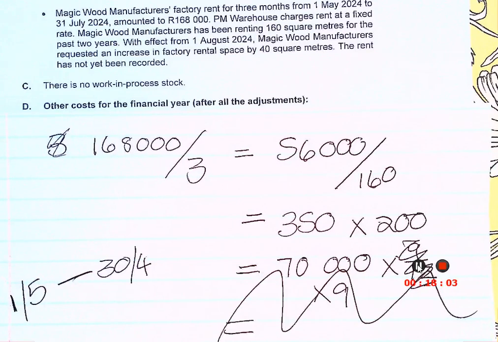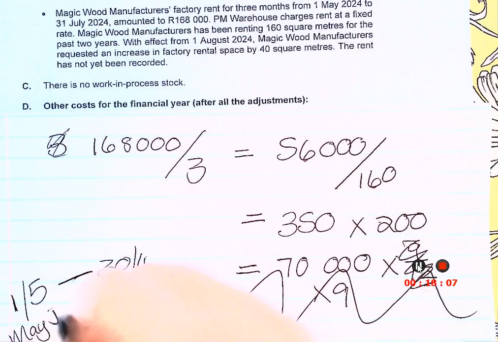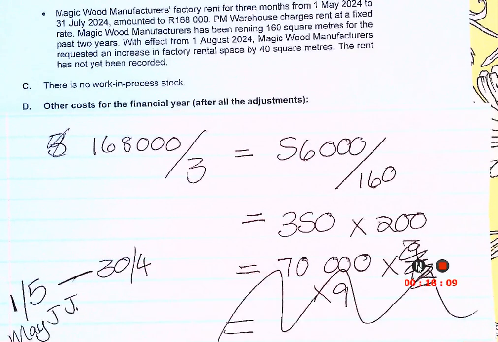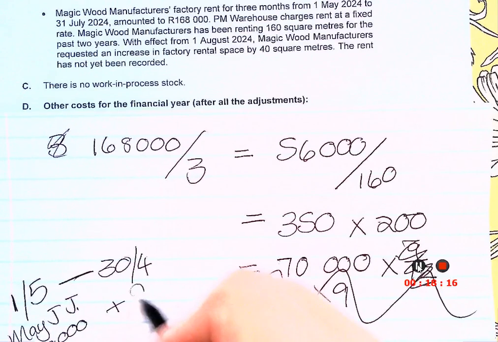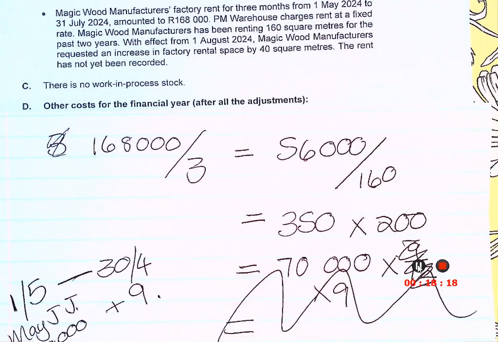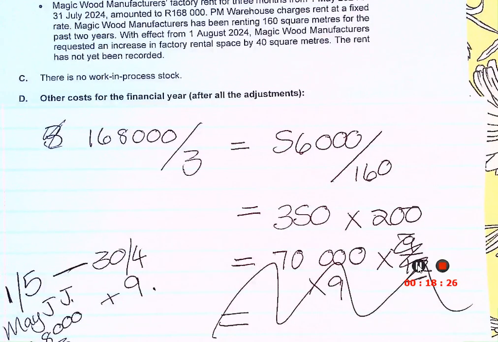That 3 months was May, June, July, and that was the 168. So the remaining 9 months was the 200 square meters. So the 160 was for 3 months, and the 200 is for 9 months.